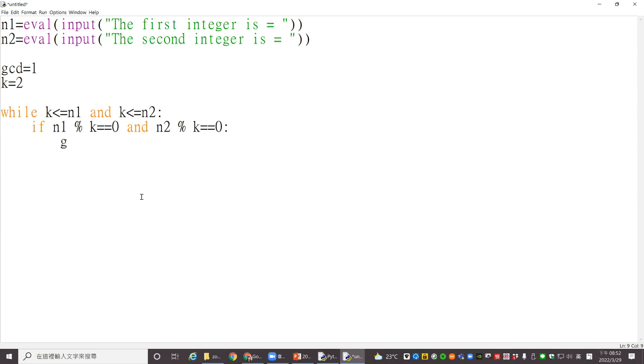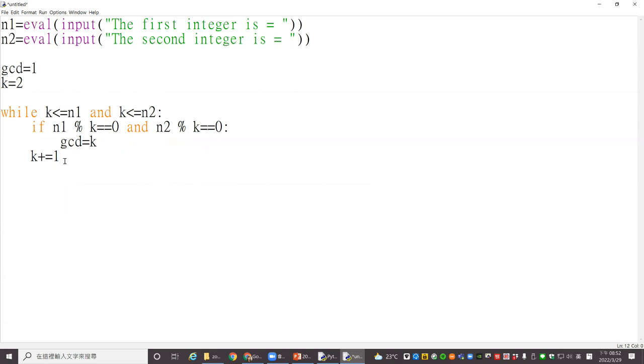Then we make the GCD replaced by k, right? And no matter what, k has to change its value. No matter whether k is the GCD, we have to increase the value of k. Otherwise, we can't have the chance to quit the loop, right?